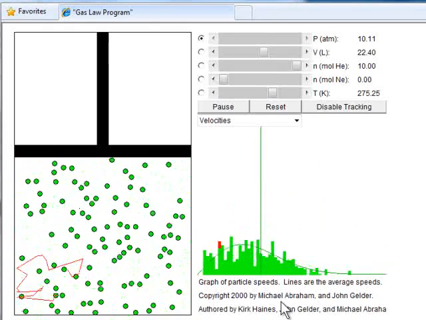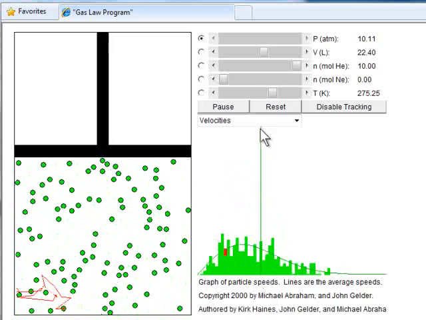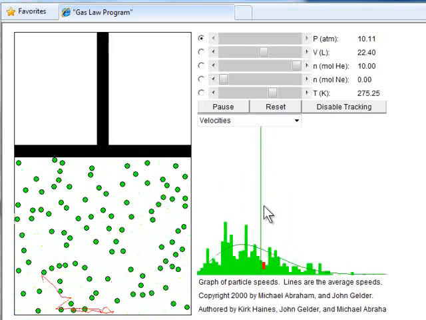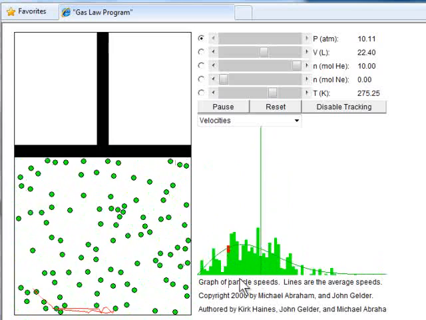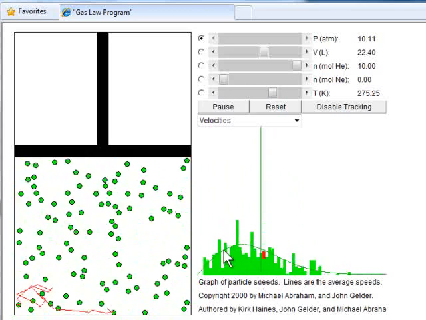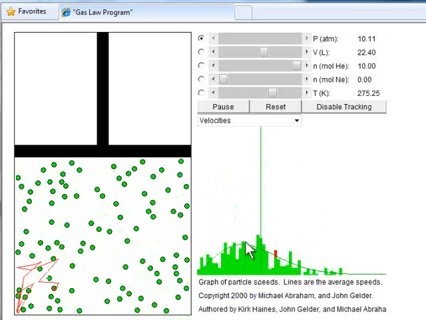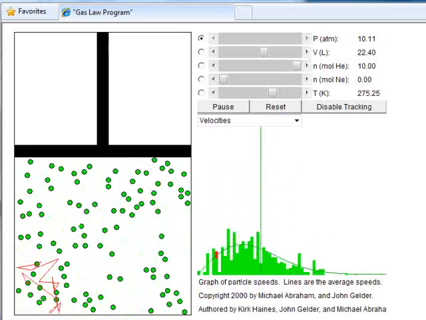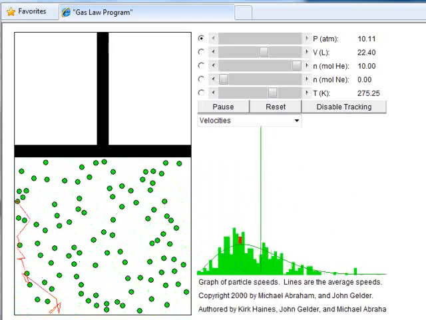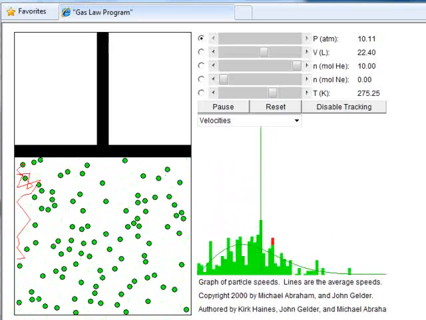Something interesting to note is that our average speed line is actually higher than where the majority of our particles are traveling at as far as speed is concerned. So that's something interesting to note.